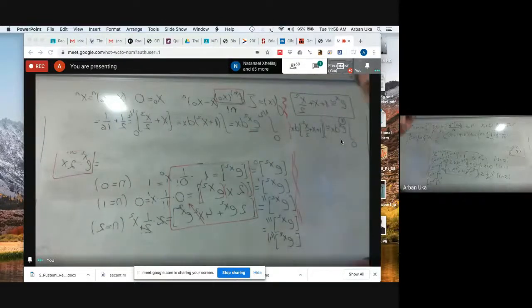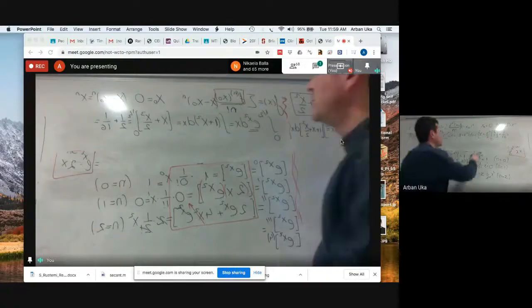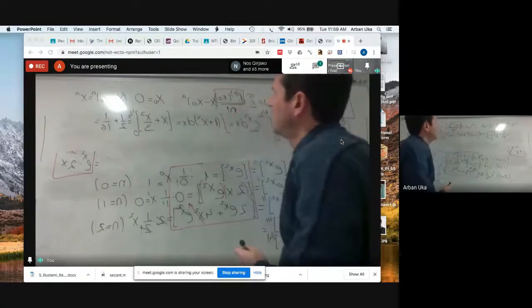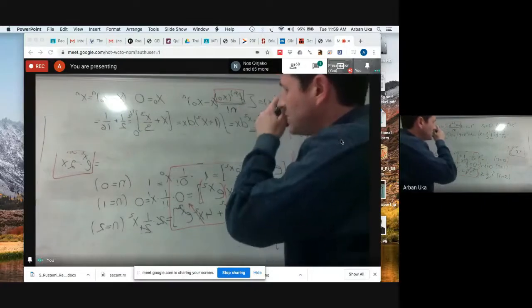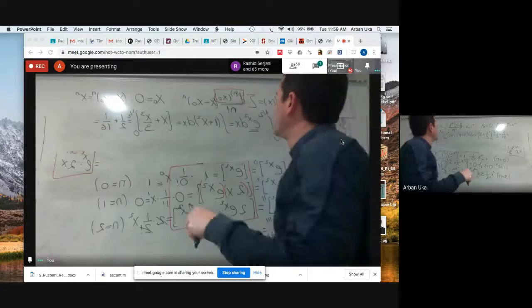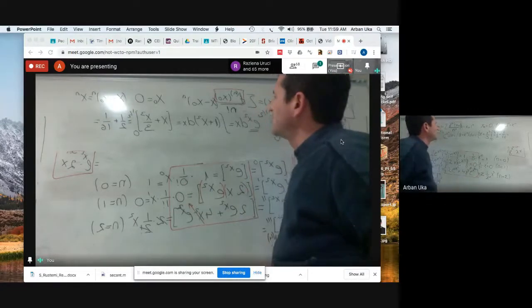Yes. You have a problem? Should it be over 3 for the integral? Yes, you're right. It should be x cubed over 3. Thank you for letting me know, but still, it's not correct. This is 1 over 2. Yes, that's correct.